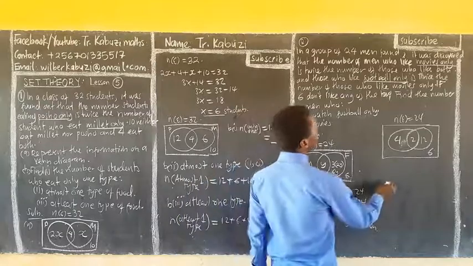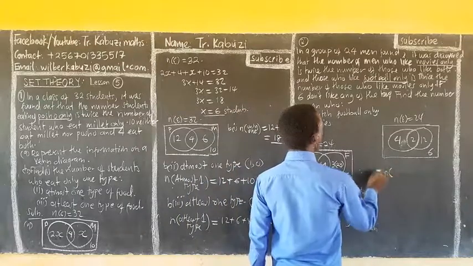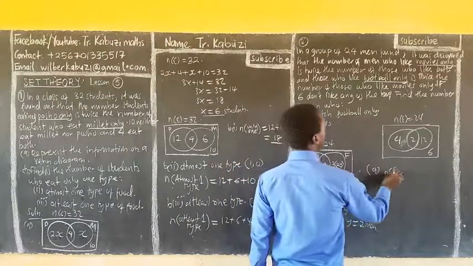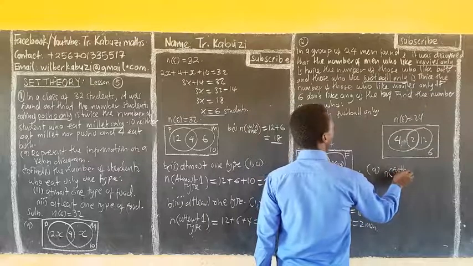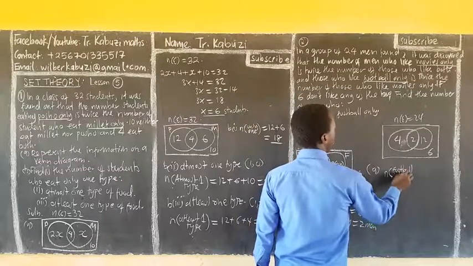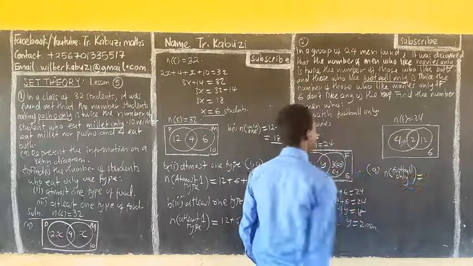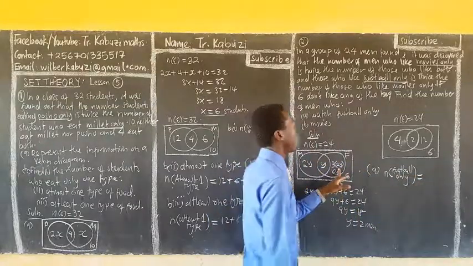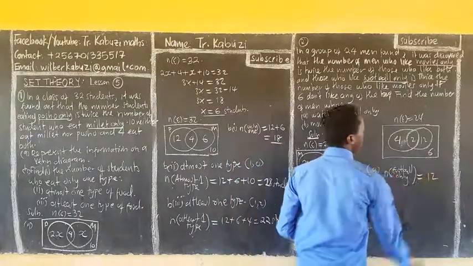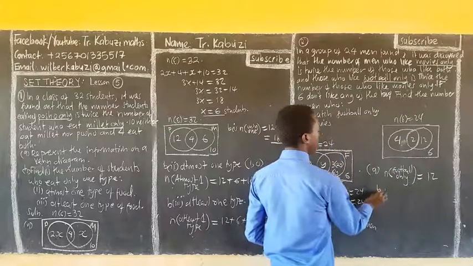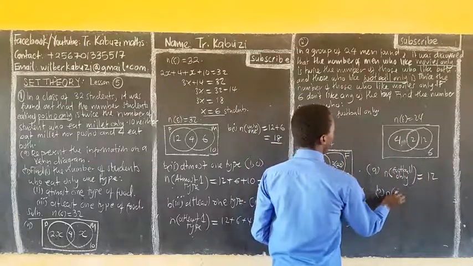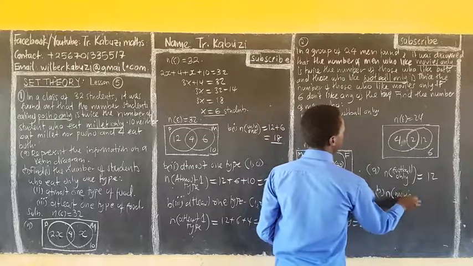So the number of men who watch football only, this is part A. Football only, these are those who are watching football only. And they are 12. Then B, number of movies.